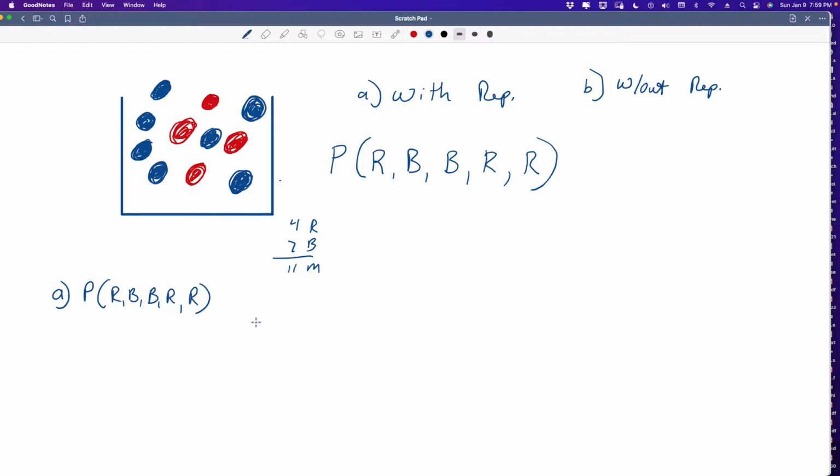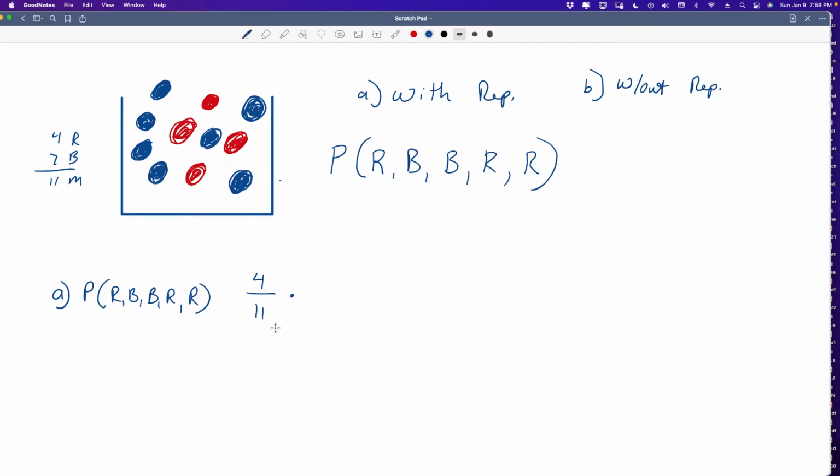So my first chance is going to be 4 out of 11. Let me move this up. I'll move this over. I'm going to put it right here. That'll work. My first chance, the red. So there's 4 red and 11 total marbles.